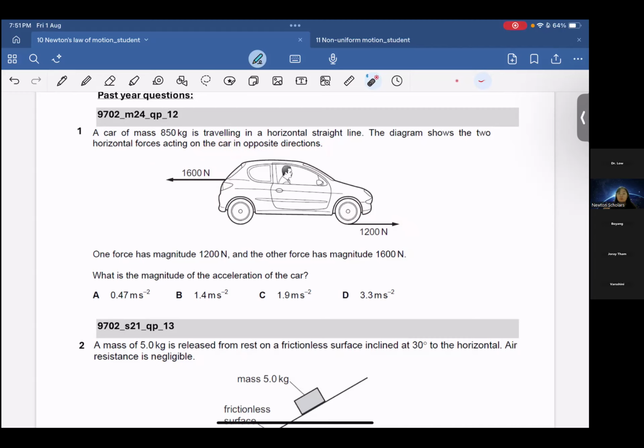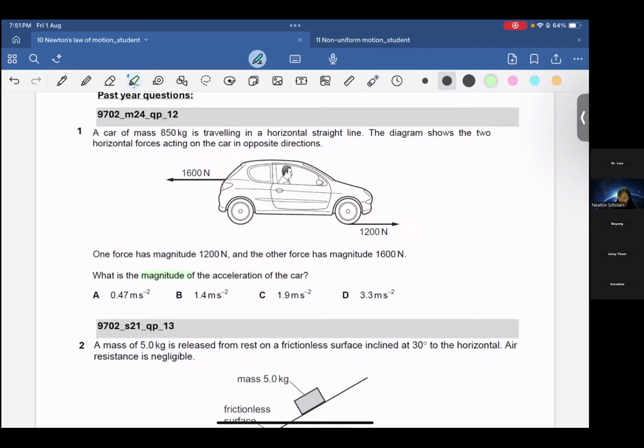No, it means that you slow down. The question asks you to find the magnitude of acceleration. After you find the acceleration, we don't care about positive and negative because the question says magnitude only. So they want the number only.